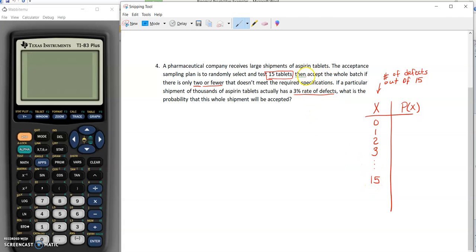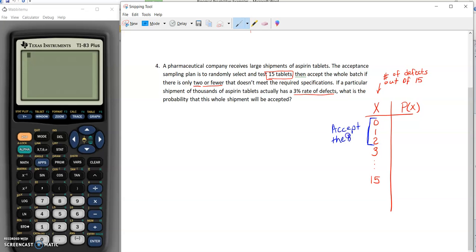So it says accept the batch, meaning we'll let the batch go through to the public or wherever the shipping is going. Accept the batch if there are 2 or fewer that don't meet required specifications, meaning 2 or fewer have defects. So 2 or fewer. This group is the group where we accept the batch.